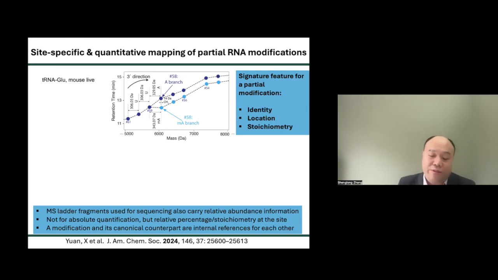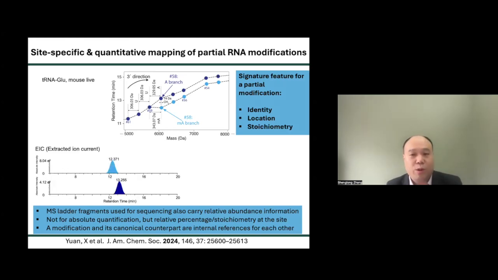We can further determine the stoichiometry of this partial modification. The reason for this is the mass signal we use for sequencing also carries relative abundance information. So we can extract ion chromatograms and integrate them to calculate their stoichiometry.